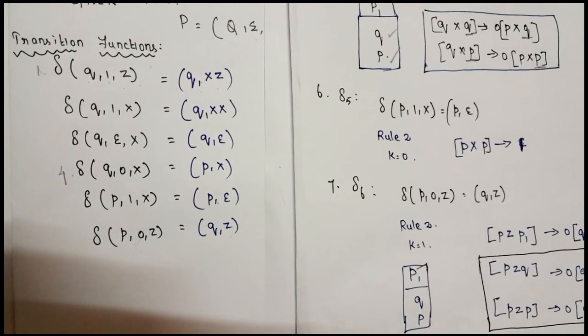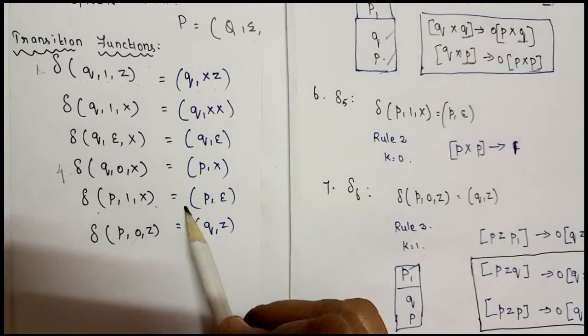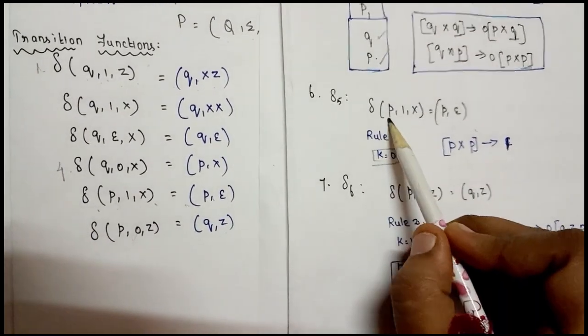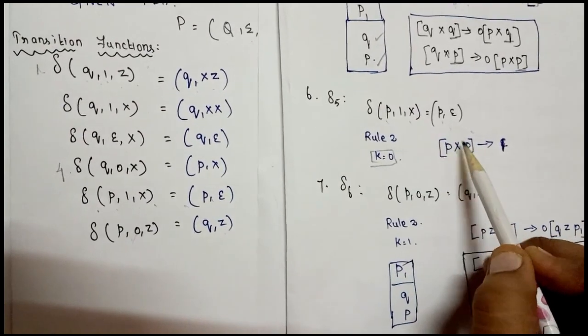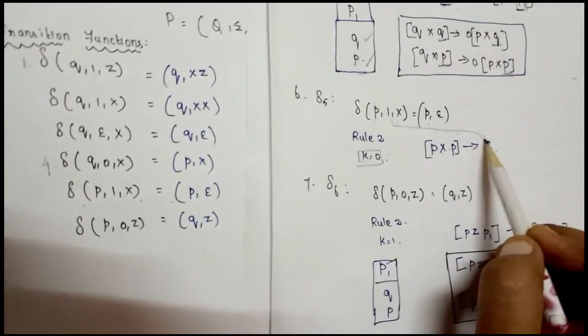And the fifth transition function is P comma 1 comma X equal to P epsilon. So here K is equal to 0. So P X P produces 1. This input symbol should be copied here.